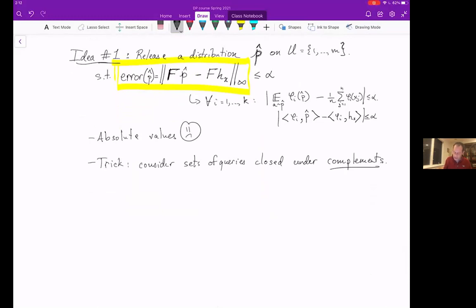And what that means is that if phi I corresponds to a query in F, then 1 minus phi I, some other function obtained by flipping all of the answers if the answers are binary, otherwise subtracting them from 1, should also be in F. So what we're going to do is pad out F by adding, if we need to, the complements of all the queries.